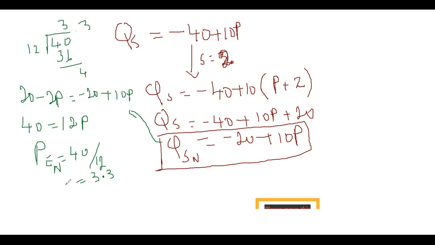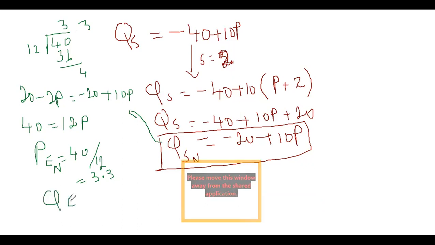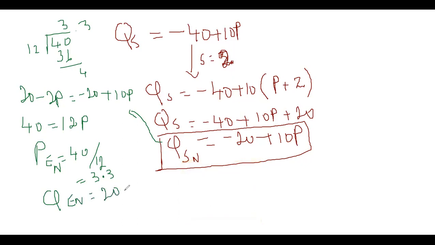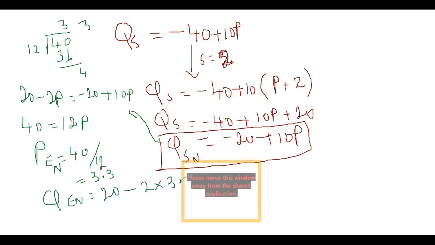Let's stop with 3.3. Then to find the new equilibrium quantity: 20 - 2 × 3.3 = 20 - 6.6 = 13.4 units. The new equilibrium quantity is 13.4 units.